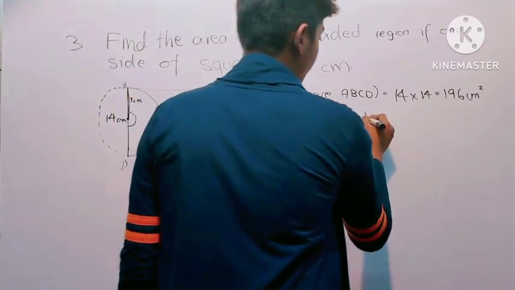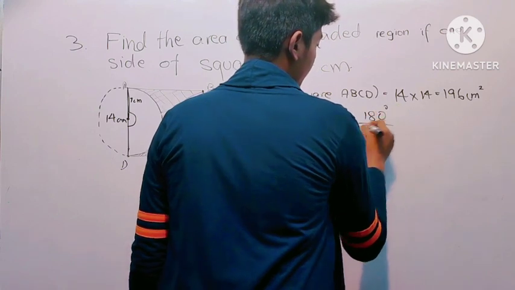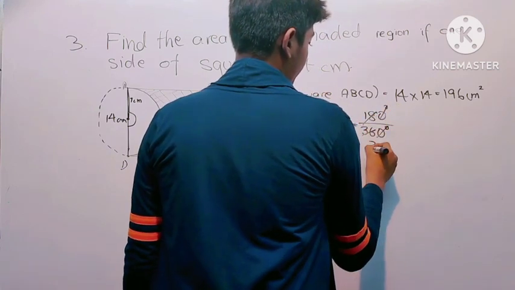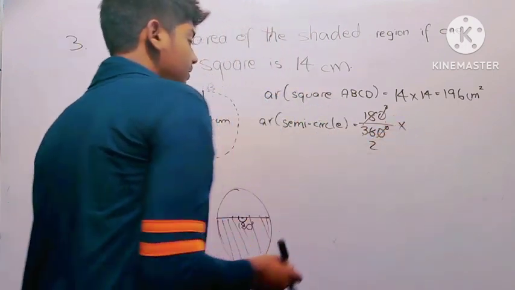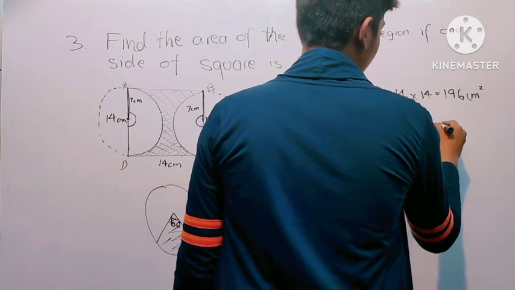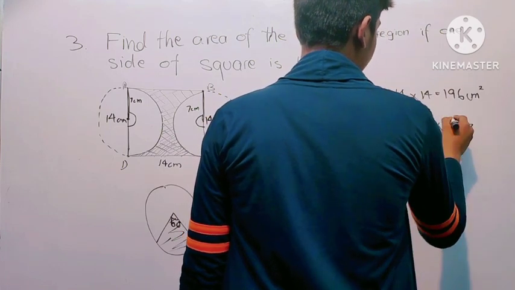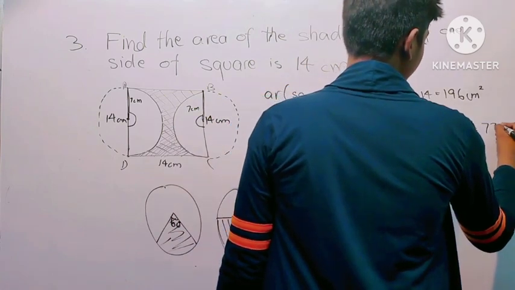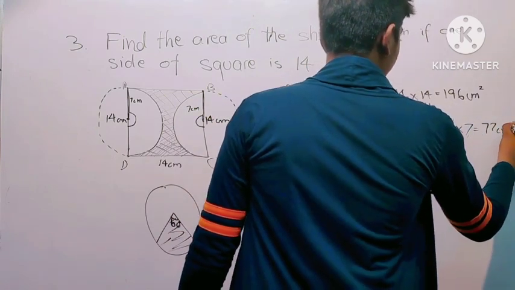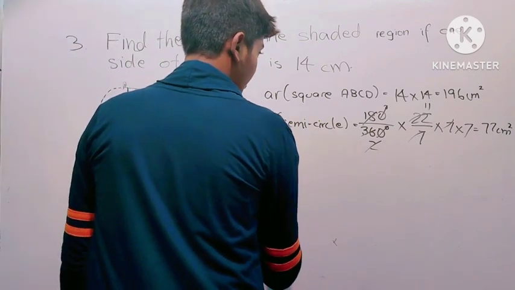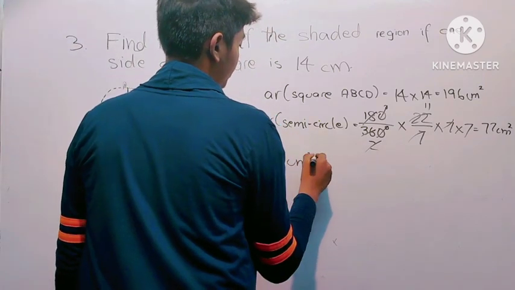So the area of the semicircle would be 180 degrees by 360 degrees. Cancel and we get 1 by 2, multiplied by pi. Let's take pi as 22 by 7, and r square, r is 7 into 7. 7 and 7 get cancelled, we get 11, and we get 77 centimeters square. So this was the area of one semicircle. We need to find both, so we multiply 77 centimeters square by 2.